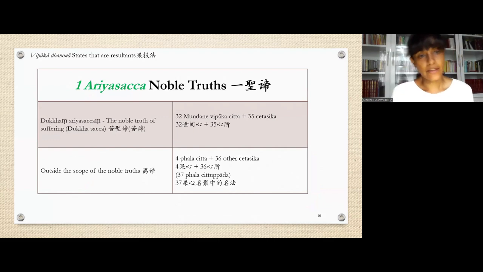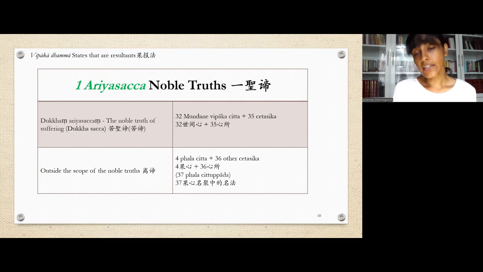So coming back to Vipākadhamma, noble truths, we get dukkha sacca, the 32 mundane vipāka citta and 35 cetasika. And outside the scope of the noble truths are the remaining 4 phala citta and 36 other cetasika, which we call 37 phala cittuppada. Now, how it becomes 37 is that we add 1 chitta to the 36 cetasika.